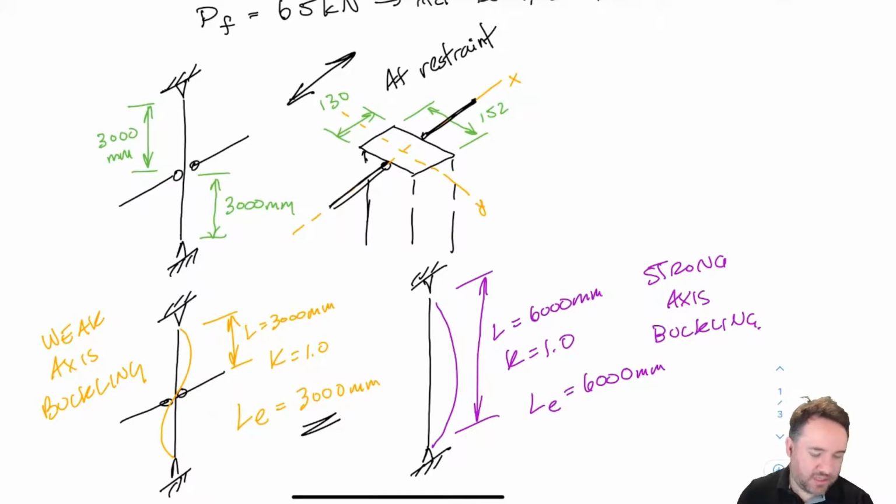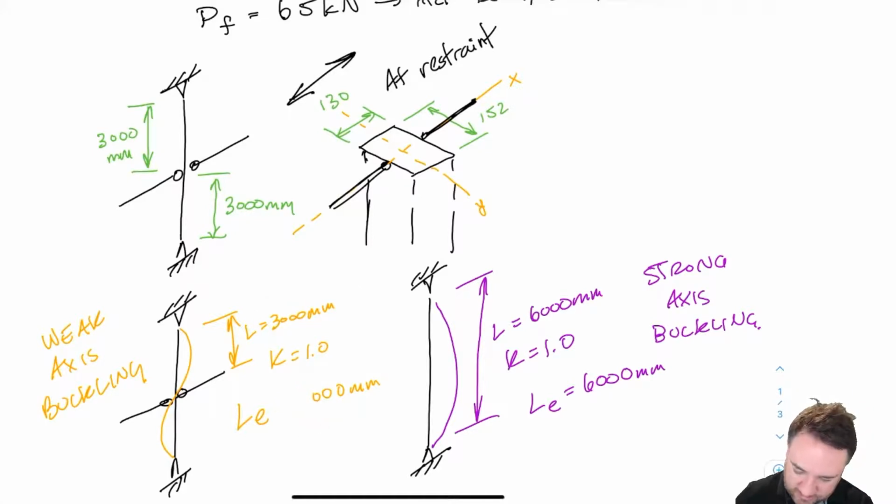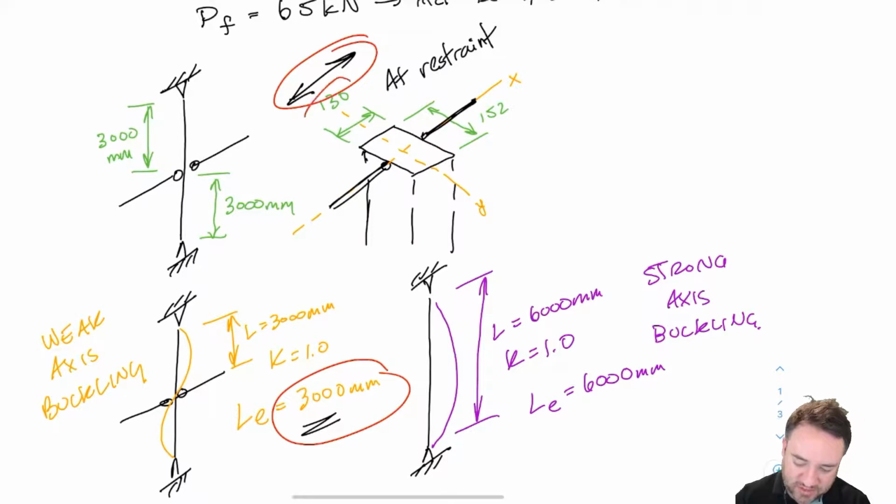Okay, so LE equals 3,000, and we're talking about this dimension, so we're talking about 130.